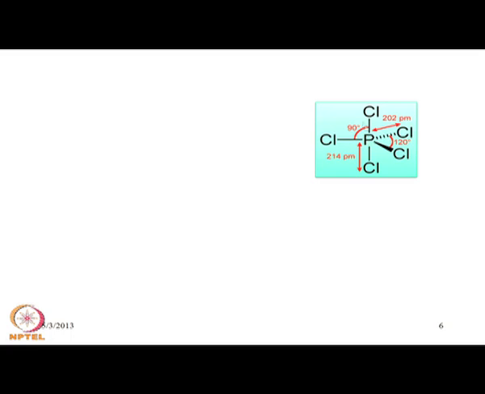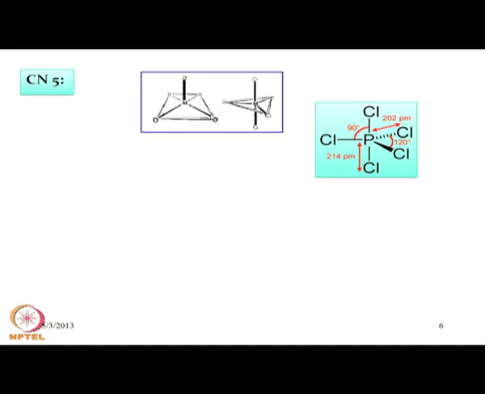So, these phosphorus chlorine bonds are longer compared to the other 3 phosphorus chlorine bonds in plane. This is a classic example of a coordination number of 5 in a trigonal bipyramid geometry. So, we have 2 possibilities, one can be the square pyramid and the other the trigonal bipyramidal one.